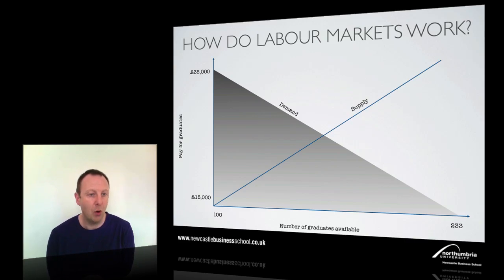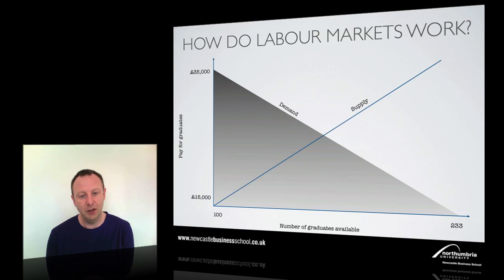They want to earn more for their work rather than less. And so there will be relatively fewer graduates available for work at the lower rate of pay, the bottom left-hand side of the graph, whereas at the top right-hand side of the graph, there'll be many. All of the graduates will put themselves available at £35,000 a year.